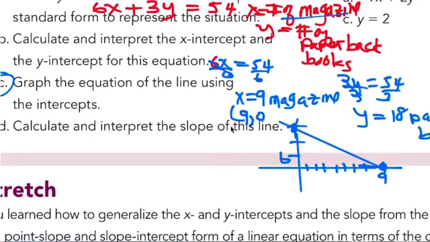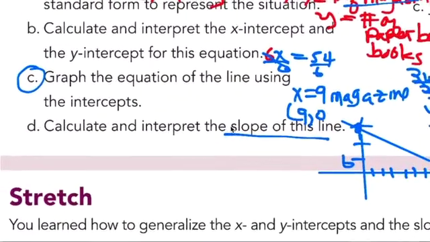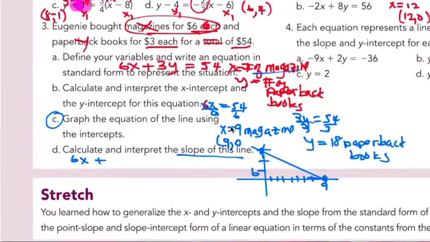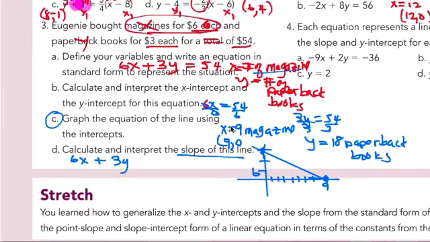Calculate the intercept of this. Calculate and interpret the slope of this line, okay? Find the slope of this line, 6x plus 3y equals 54. Okay, you would minus 6x, right?